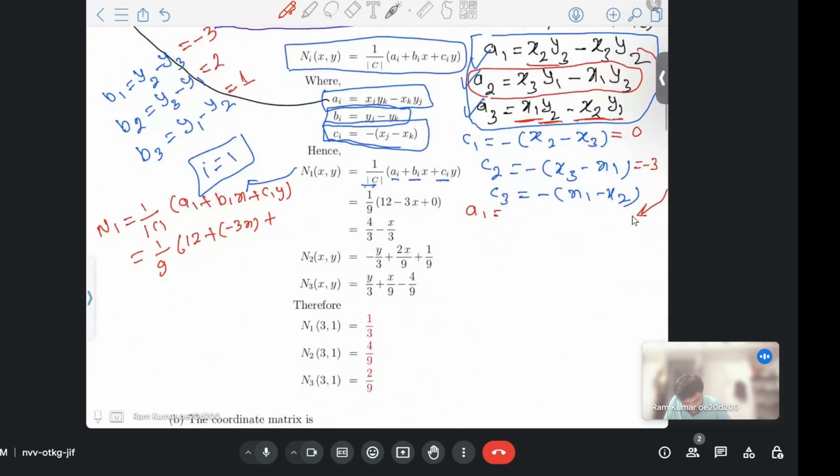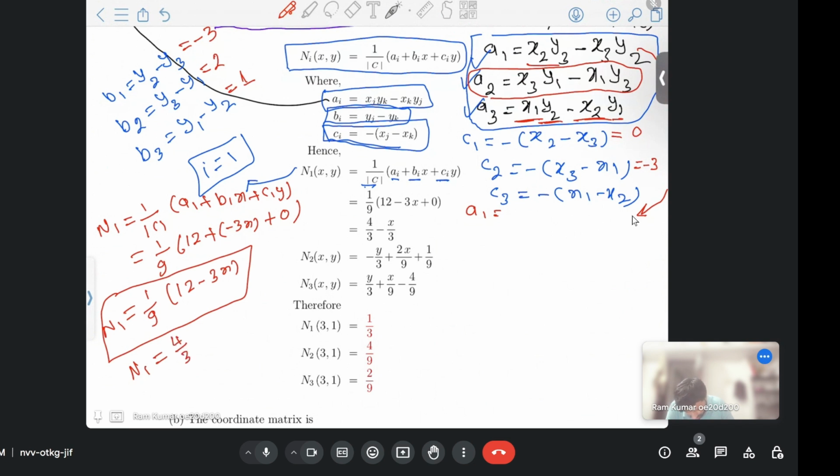So in general, 1 by 9 equal to 12 minus 3x. This will be our n1. In simplified form, 12 by 9 means 4 by 3 minus x by 3. This will be our n1. Right?